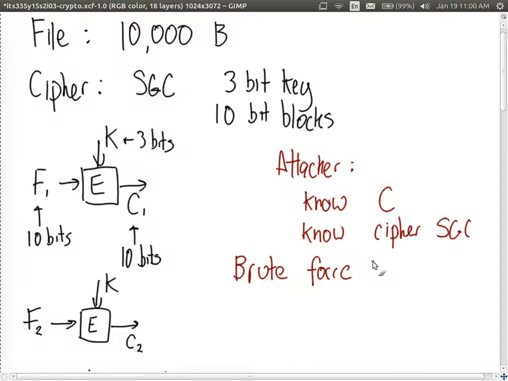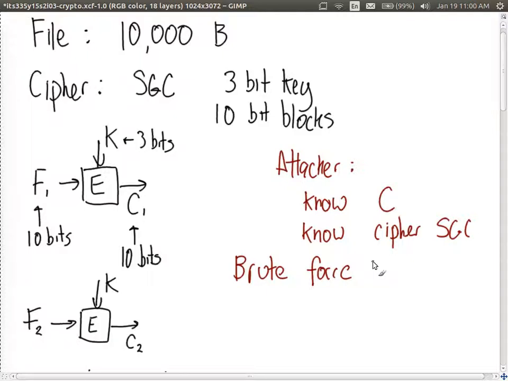And if I try all the possible keys, then one of those potential plain text values will be the correct one, because one of the keys is the correct one. And for this attack to work, the attacker must be able to recognize which one is the correct plain text and therefore the correct key.